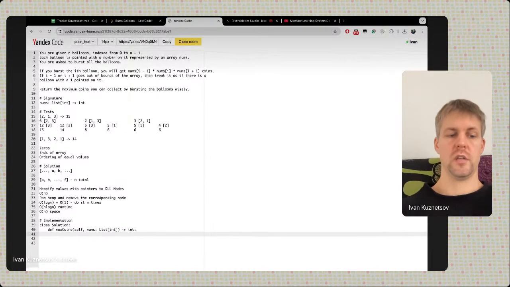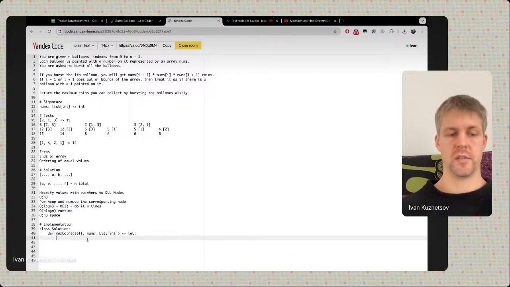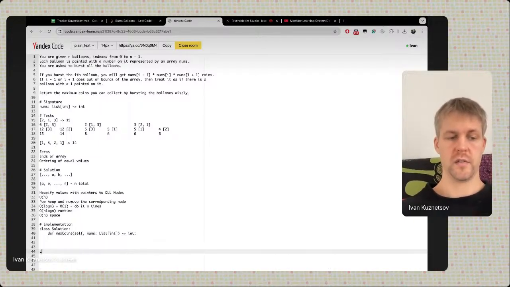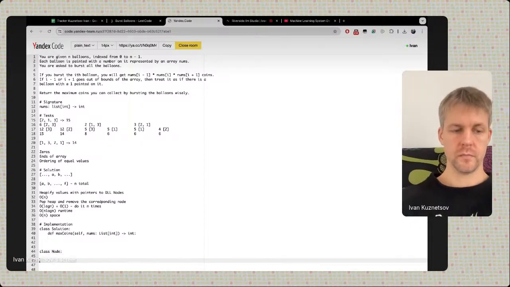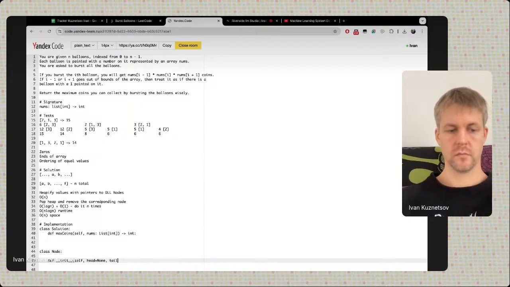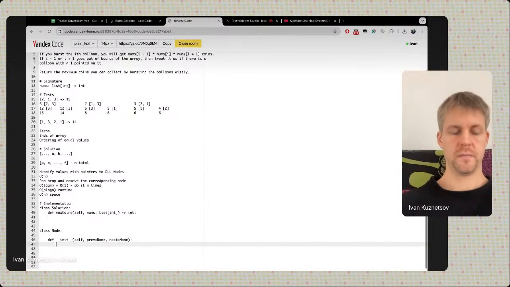Okay, so here we need to create a doubly linked list, and I need to define another class, which is node. Previous and next both equal to None.